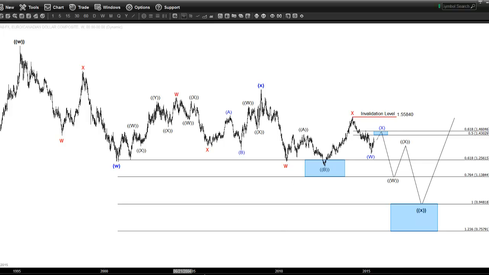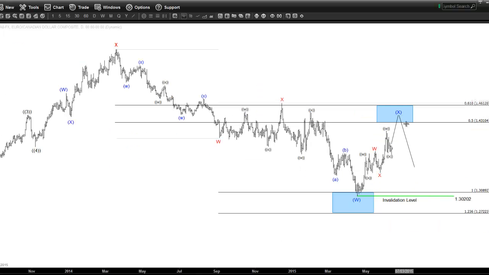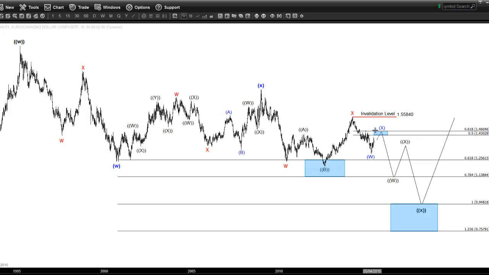Now, if we look at the internal structure of the X in blue bounce in the daily chart, we can see here from W in blue, we have W and X, and then we are looking now for this last push, so that if we measure the equal of the W and X in red, what we get is this area here, 1.42 to 1.44, which has a confluence with the 50 retracement right here. So this is indeed the area we are looking for the wave X in blue to complete, and then from there we have a chance for the pair to actually turn lower to continue the seventh swing right here.